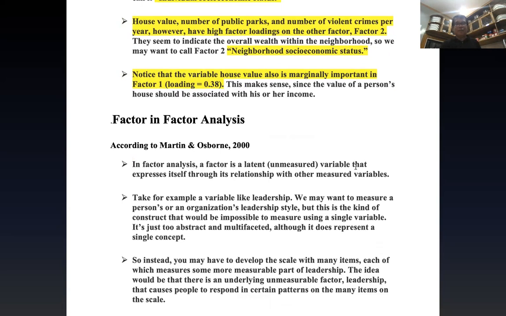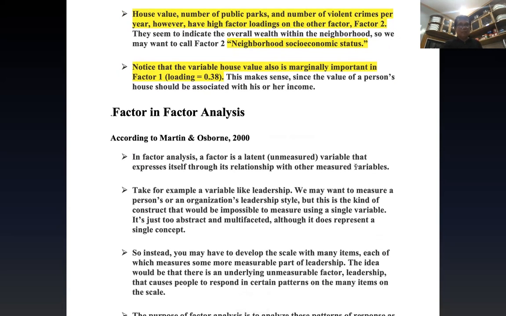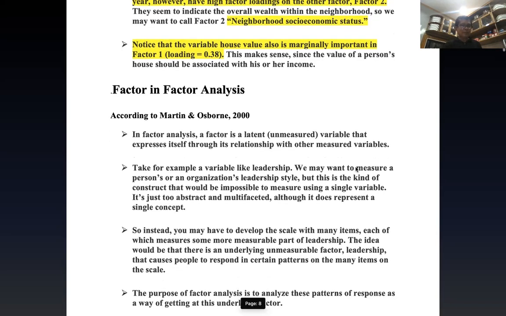Take, for example, a variable like leadership. We may want to measure a person's or an organization's leadership style, but this is the kind of construct that would be impossible to measure using a single variable. It is just too abstract and multifaceted, although it does represent a single concept.